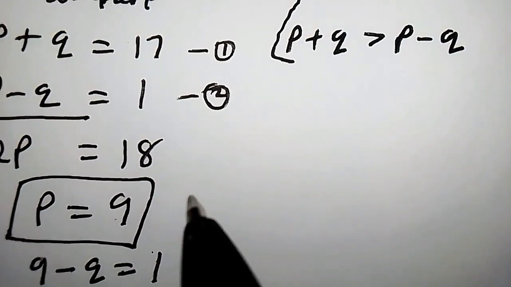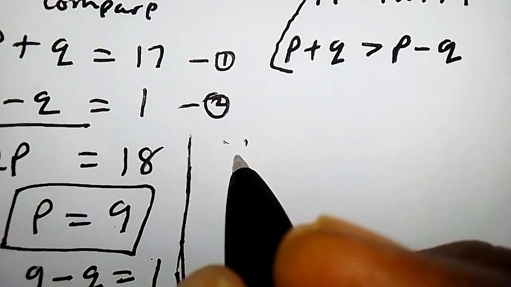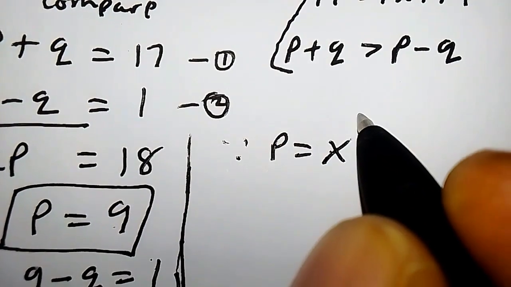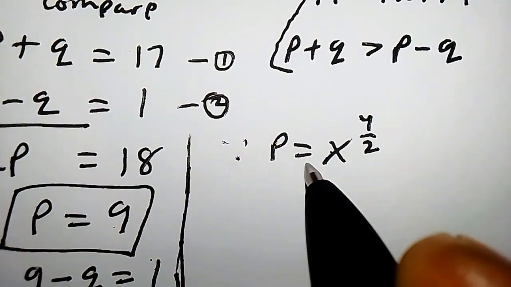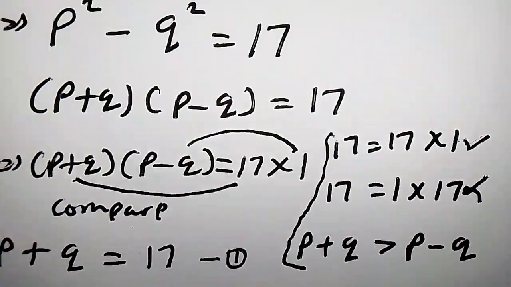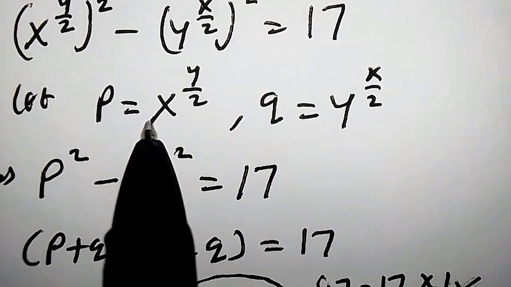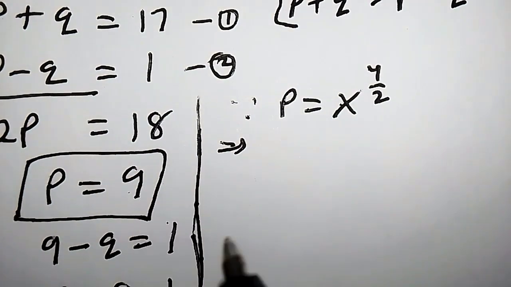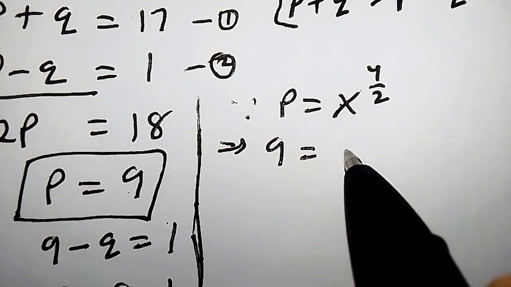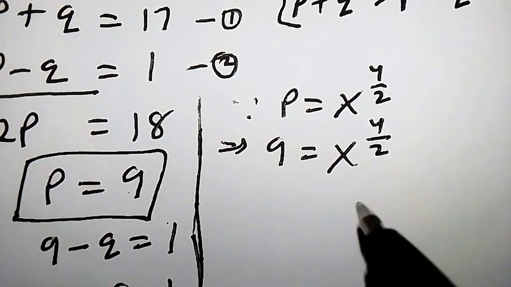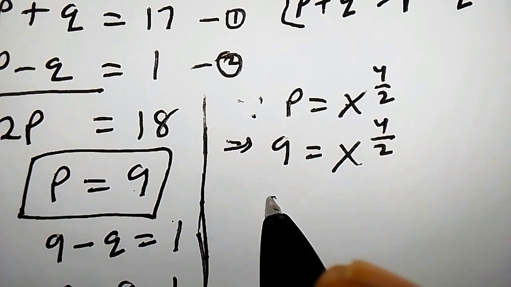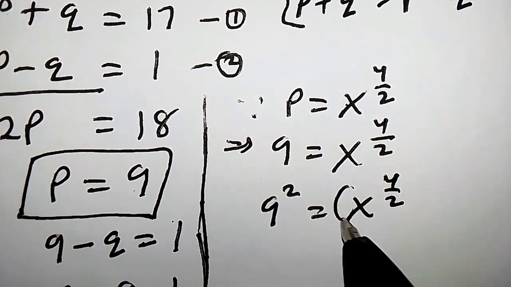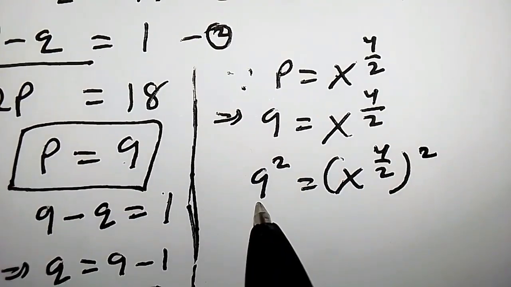Now, let's manage this side. Since p is equal to x to the power of y over 2, let me show you where we got this from. It's basically from this line. So, what is p? p is 9. So, we have 9 equal to x raised to y over 2. If we square both sides, we have 9 square equal to x raised to y over 2 times 2. What is 9 square?